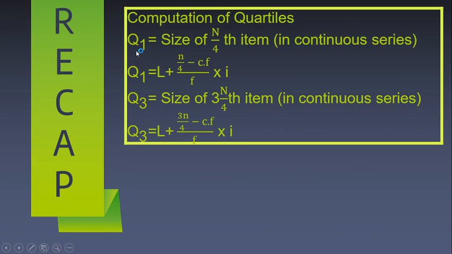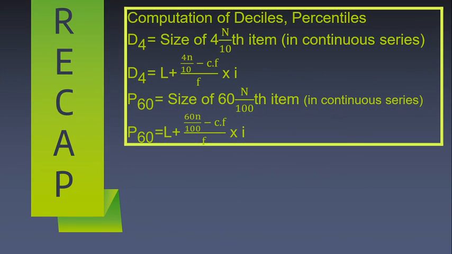So for a recap of the formula, Q1 is size of N by 4th item in a continuous series, and then we have the formula L plus N by 4 minus CF by F into I. Same way, Q3 is the size of 3N by 4th item in case of continuous series, and we apply the formula L plus 3N by 4 minus CF by F into I. So this is the formula for quartiles in case of continuous series.